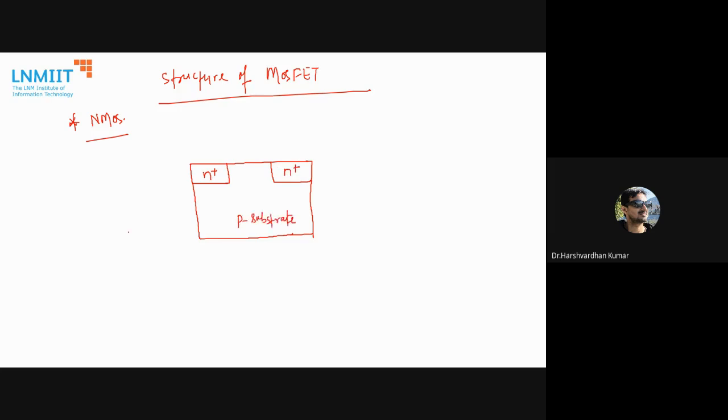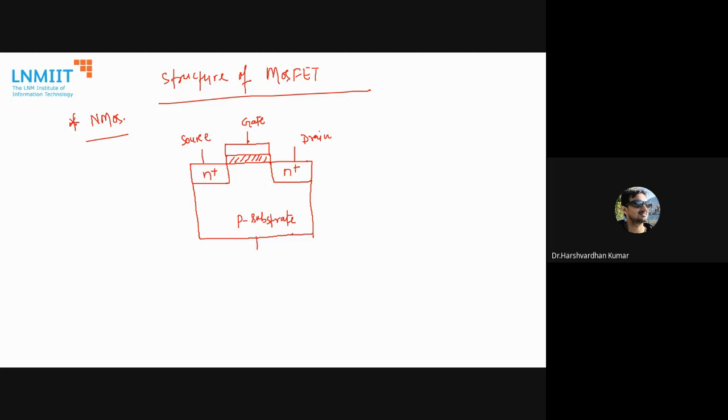Then the metal contact. This is the gate, here this is the source and this will be the drain, right?